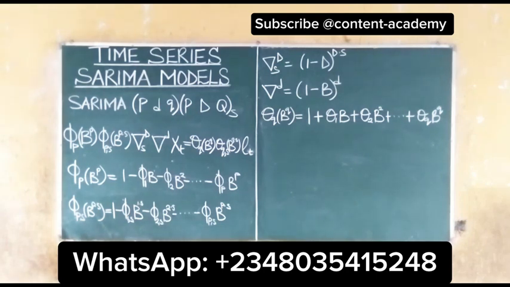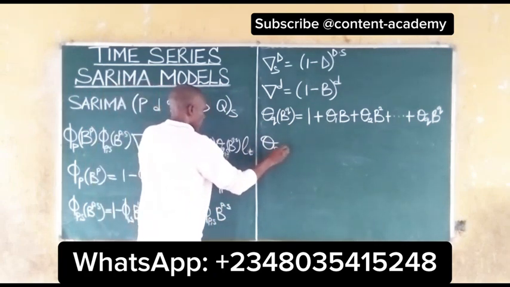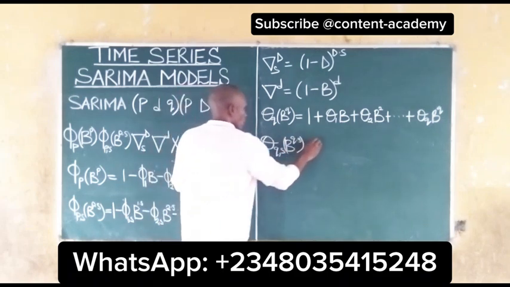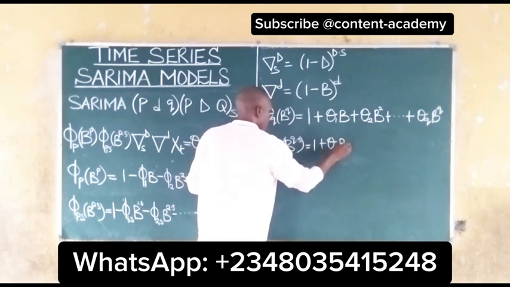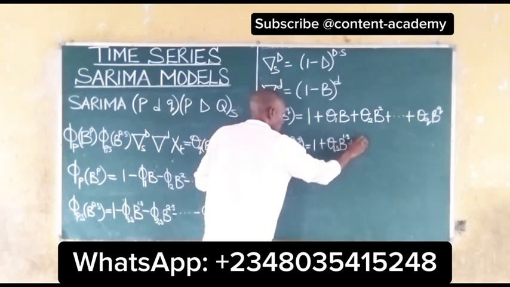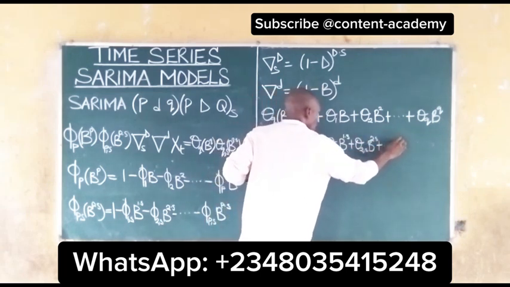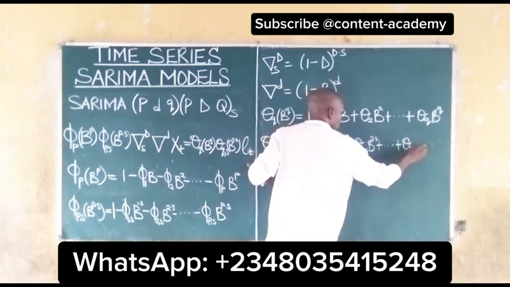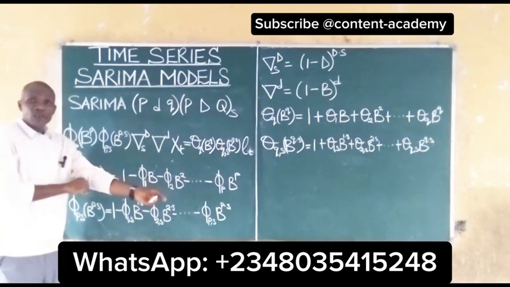We also have the seasonal part of it, that is theta Q,S of B to the power Q multiplied by S, to be equal to 1 plus theta 1,S B to the power 1 multiplied by S, plus theta 2,S B to the power 2 multiplied by S, plus, it continues that way, plus theta Q,S B to the power Q multiplied by S. So that is how it is being computed.